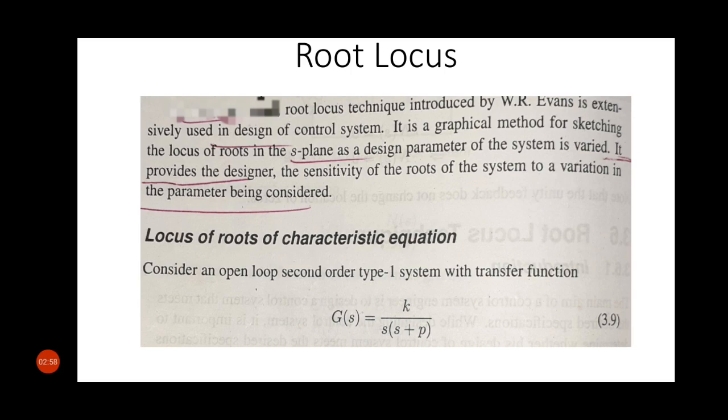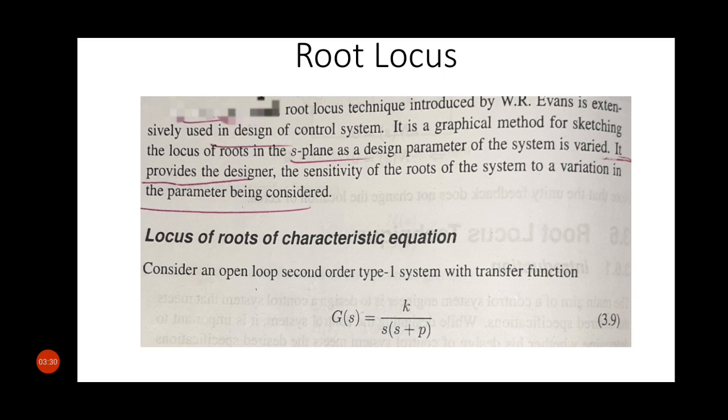for a step input. We have already studied that the location of the closed loop system poles, that means the roots of the characteristic equation, and the transient response specifications are interrelated. It is frequently necessary to adjust one or more design parameters in order to obtain a suitable location of roots.